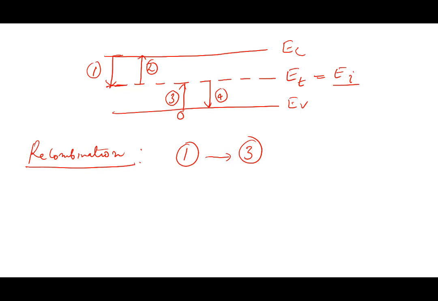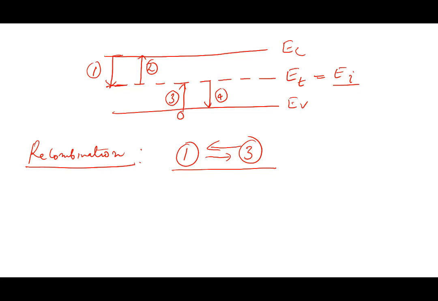But just for a moment, if 1 means capturing an electron, and 3 means capturing a hole, effectively it means that the electron is going from the defect level into the valence band. That leads to recombination, or vice versa. This can happen this way also, right? Capture a hole, followed by capturing an electron. So these processes result in recombination.